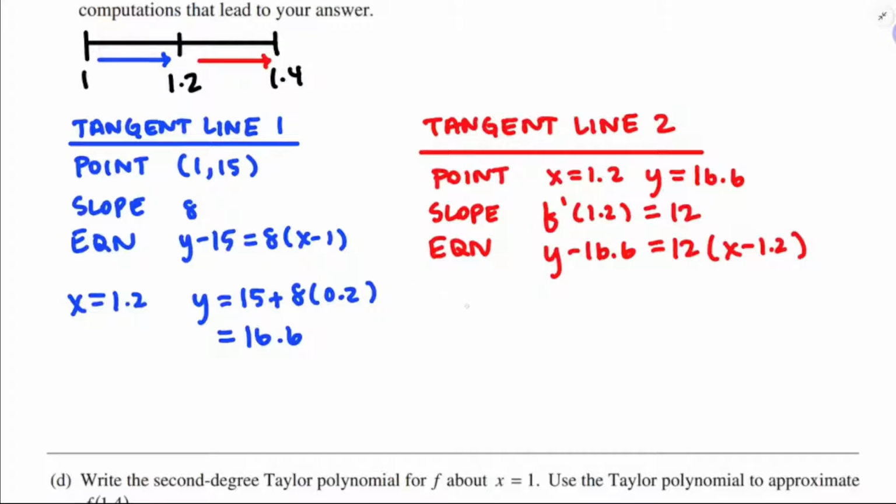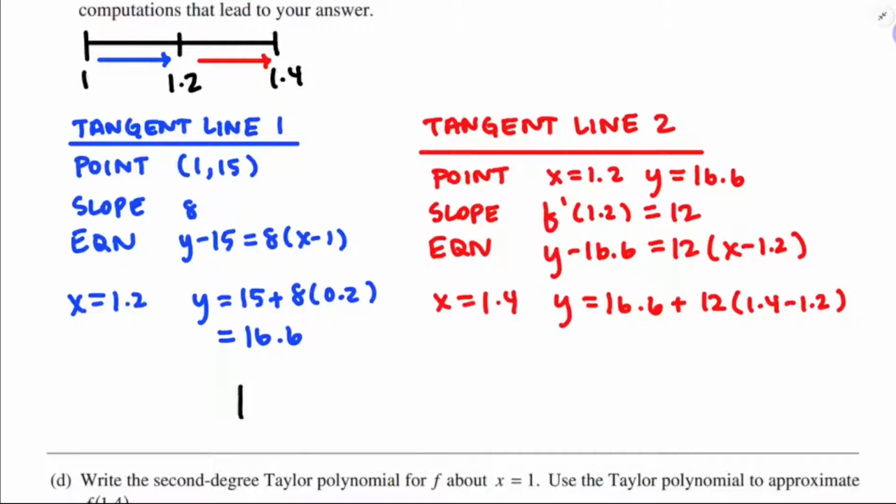Okay, and then I'll take my second step, x will equal 1.4 and y will equal 16.6 plus 12 times 1.4 minus 1.2. And you could just throw a box around that answer.